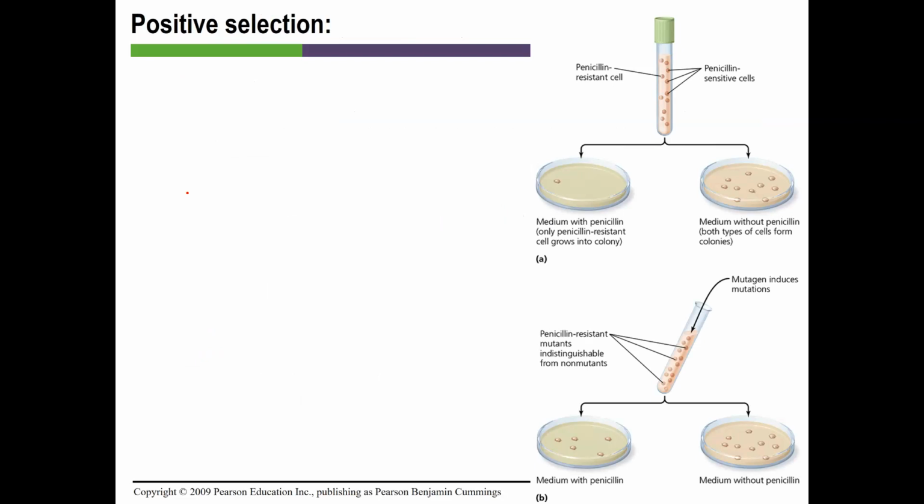The first method is called positive selection. We use positive selection when the mutant has gained new abilities. The classic example of this condition is the acquisition of antibiotic resistance. The wild type population is not resistant.